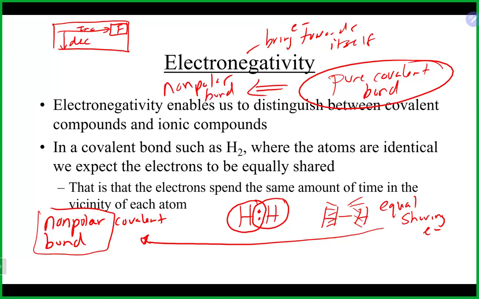Sometimes books will classify a bond with perfect equal sharing, since you have two of the same, as a pure covalent bond, which is still nonpolar. We'll see that there can still be equal sharing of electrons, even though not perfect, that is still considered close enough to being equal sharing. So this type of bond is, like I said, a nonpolar covalent bond.